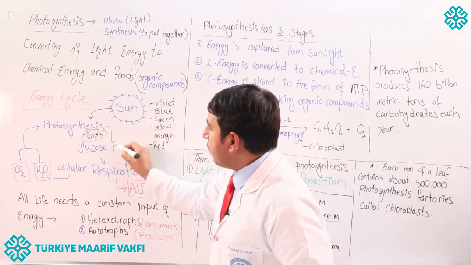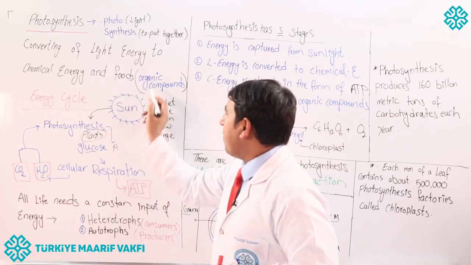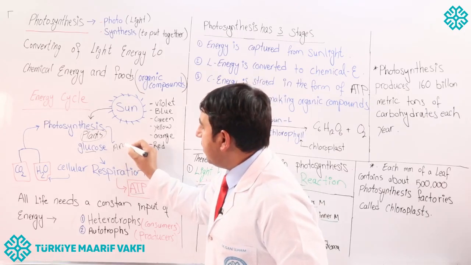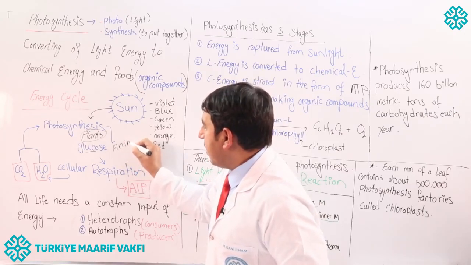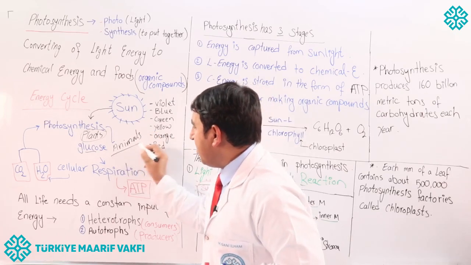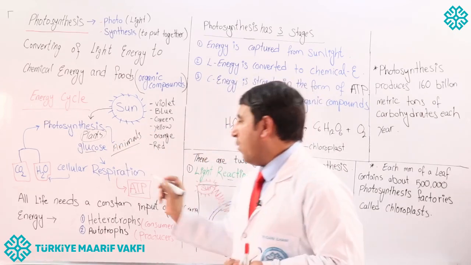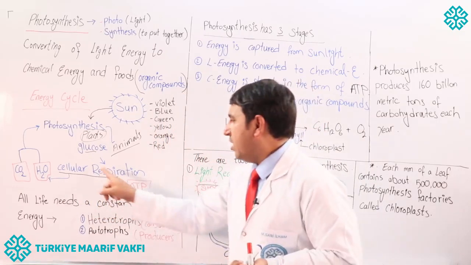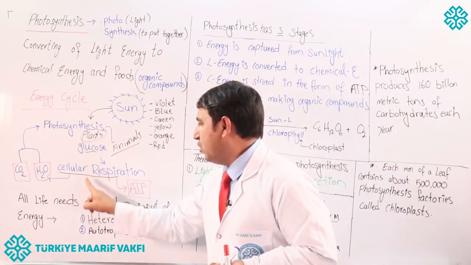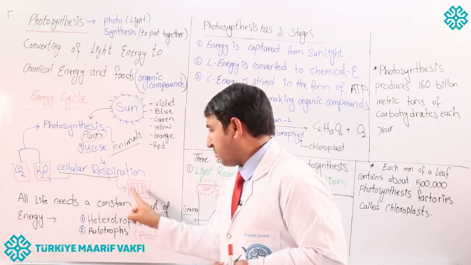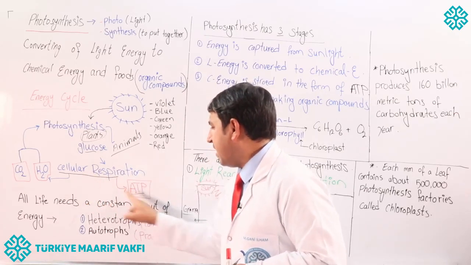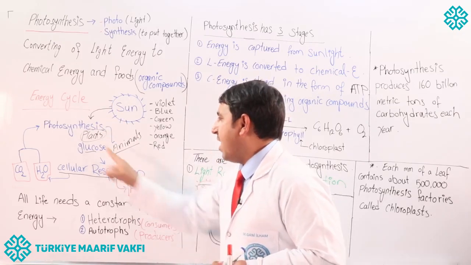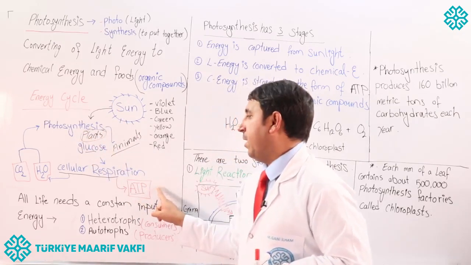In this part, glucose is a type of organic compound. Glucose is used by animals. Animals use this glucose. By which process? By cellular respiration. By cellular respiration, animals use glucose and produce the chemical energy, which is coming from the sunlight, and plants convert it to ATP.